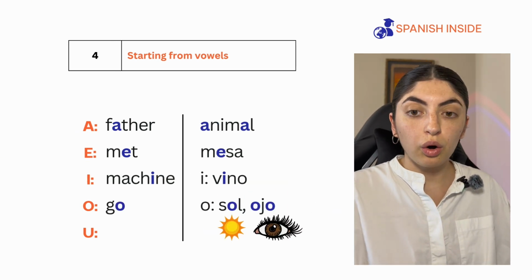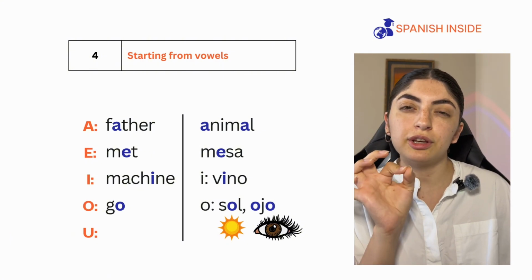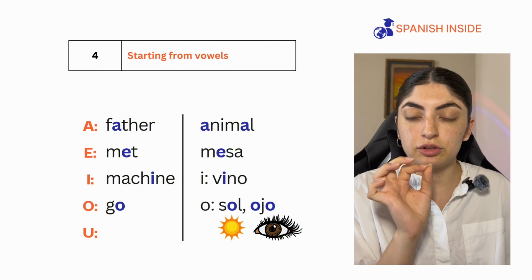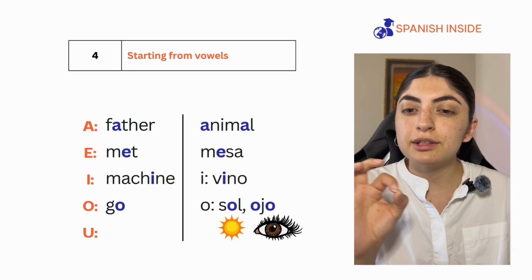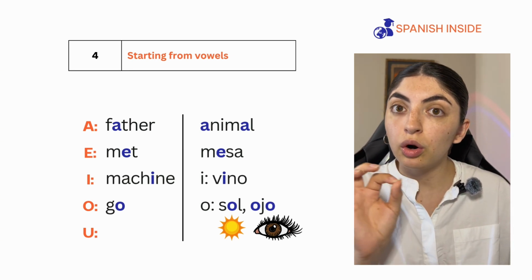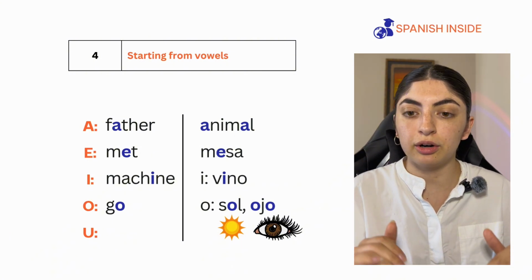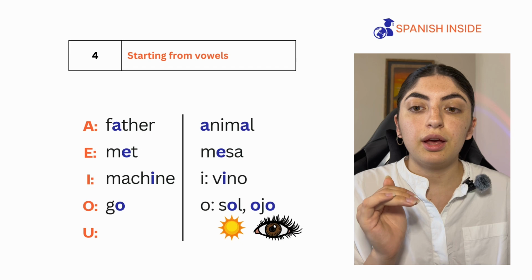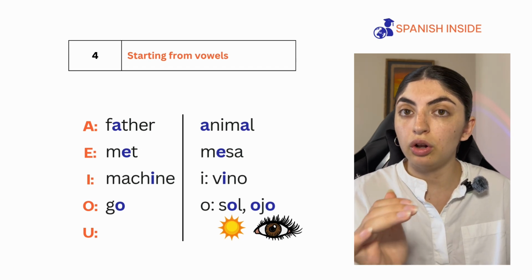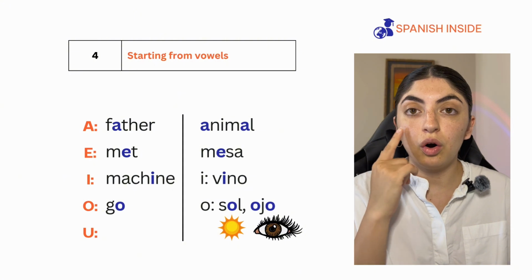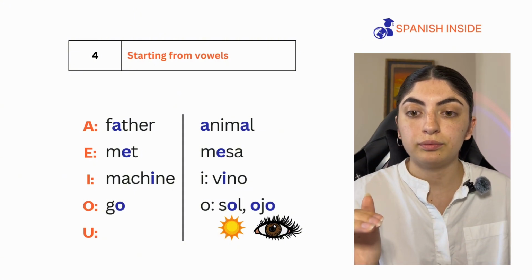Vowel O. O, like in go, but without the U. It's shorter and crisper. So don't drag it like go. These vowels are like this, O. For example, sol, ojo.